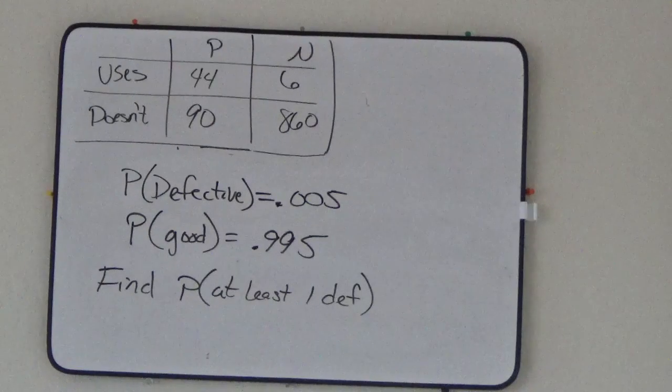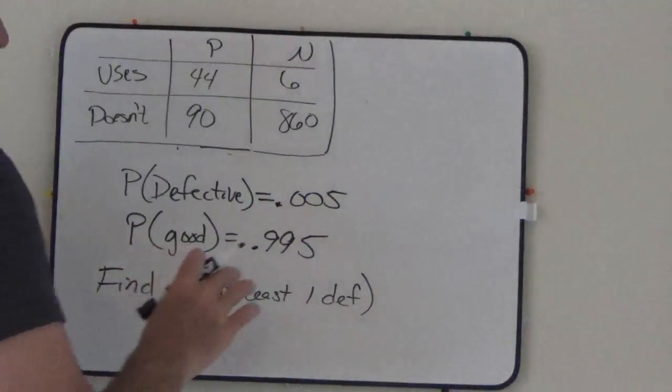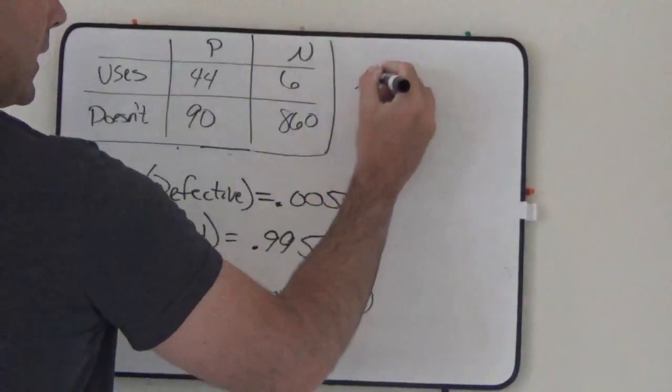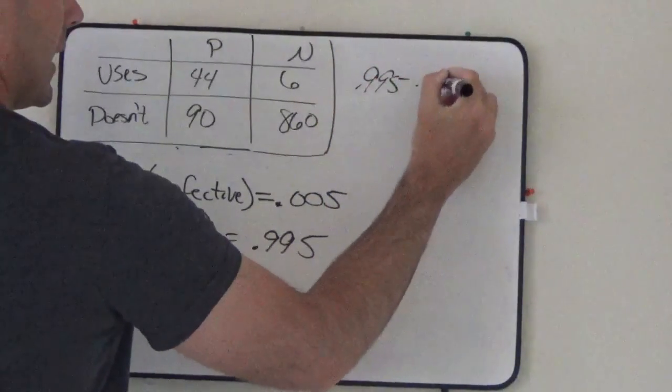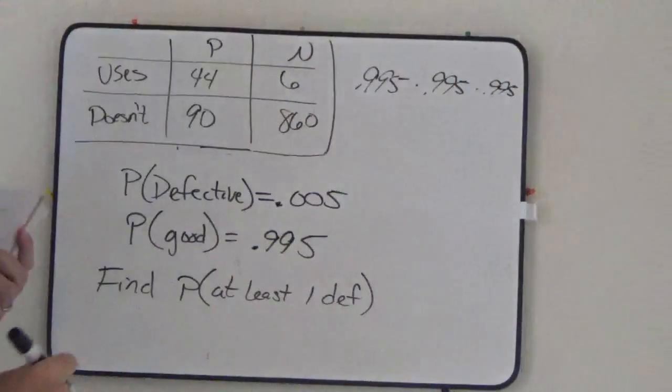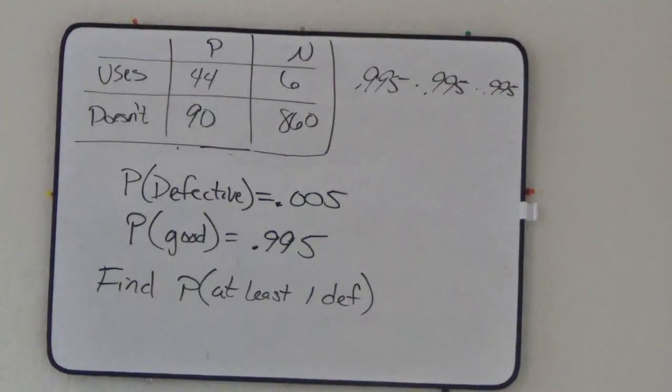Now here's the reality, guys. To do this, we've got to think backward. We're going to find the probability of it being good. So the probability of good is kind of intense. For each DVD, we have a 0.995 chance of it being good. So that would be 0.995 times 0.995 times 0.995, 50 times, since it's sold in 50.